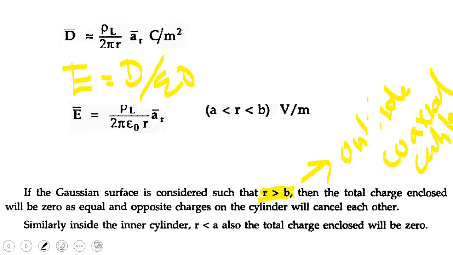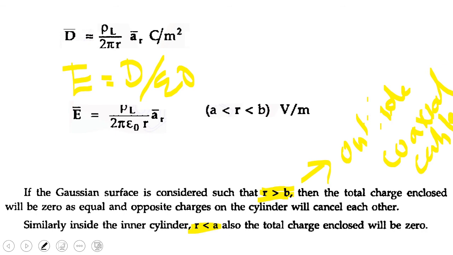In case you are taking the condition R is less than A, it is inside the inner conductor. Remember skin depth. Normally we say the current or charges pass on the outer surface of the conductor; on the inner side the charges will not pass. So when you take inside the cylinder, when R is less than A, the total charge enclosed will be 0. You can remember this due to the skin effect.